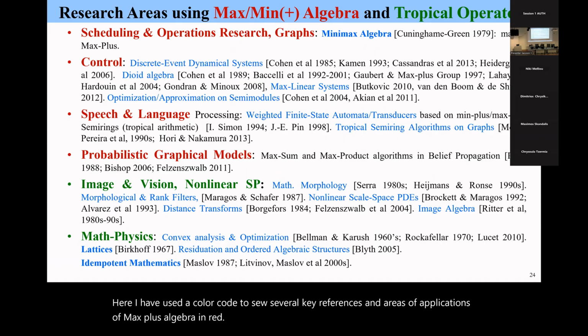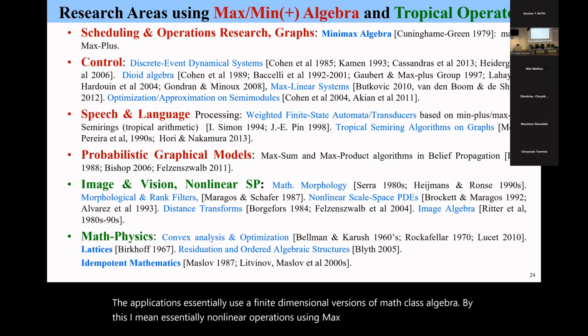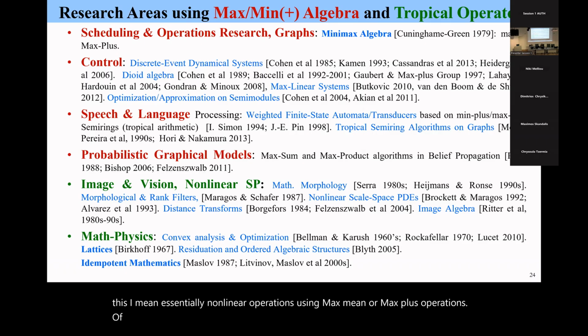the applications essentially use finite dimensional versions of max-plus algebra. By this I mean essentially nonlinear operations using max-min or max-plus operations of vectors and matrices. That's why I call them finite dimensional.